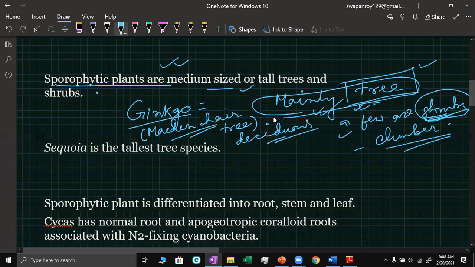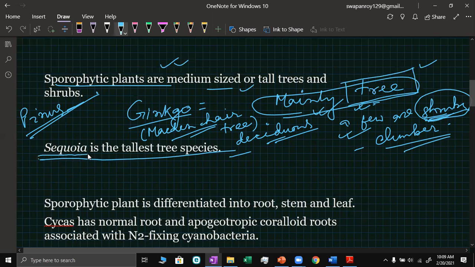The common example is Pinus, is it? That is what we can see here. In the gymnosperms, we see that the tallest tree among the plant kingdom is from the gymnosperms.